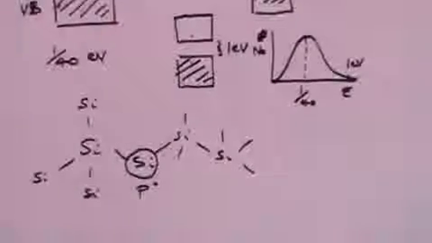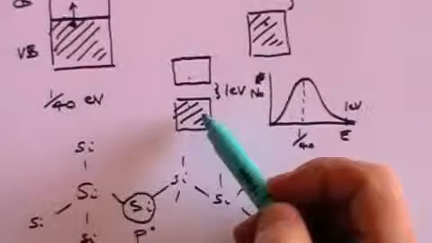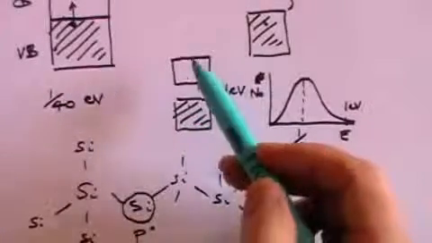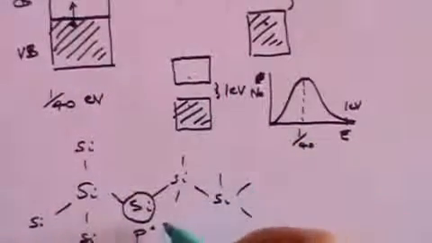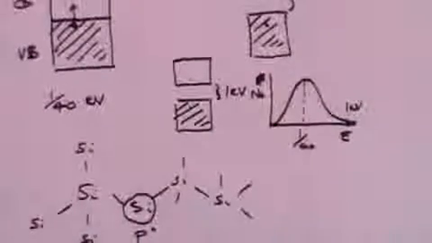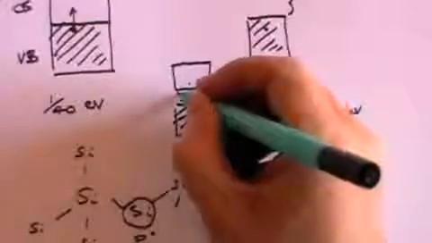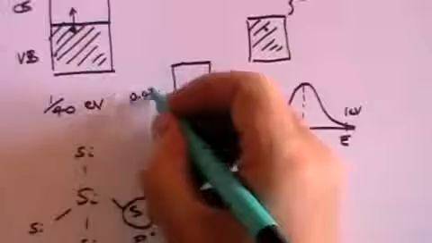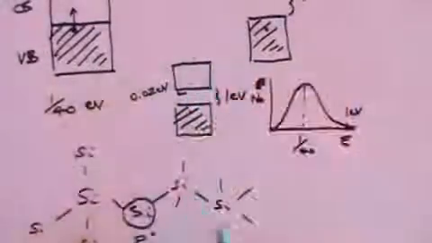What does that mean in terms of this diagram here, where we had the silicon valence band and an empty conducting band? Well, the spare electron of the phosphorus just happens to sit energetically at a level 0.02 electron volts below the conducting band.